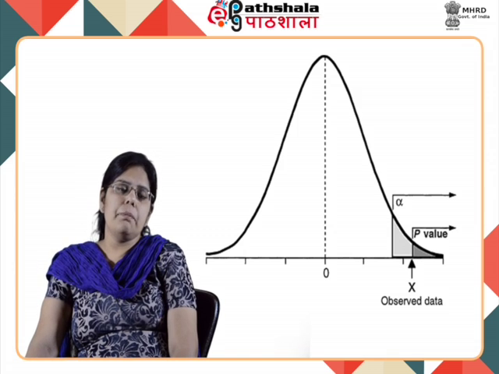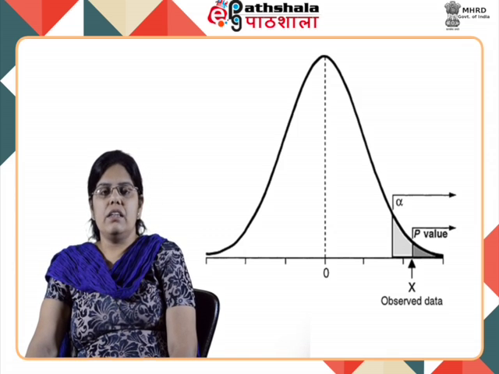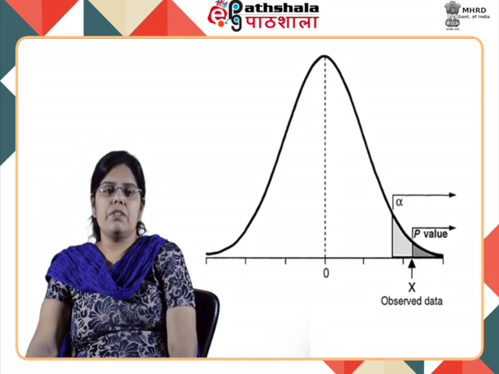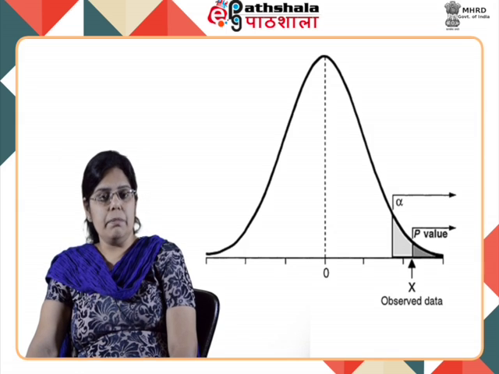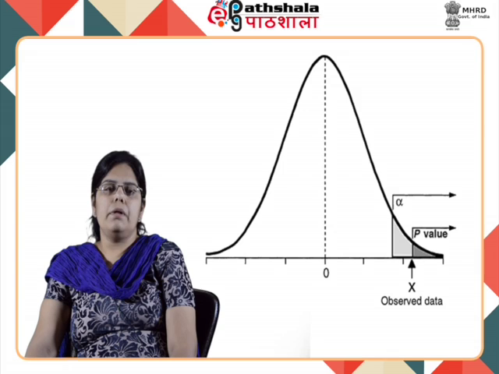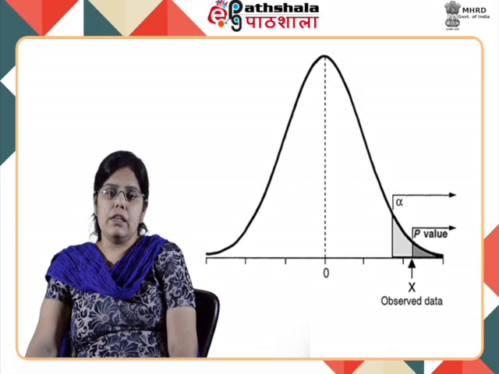Then this can be interpreted that the results from the particular sample would occur by chance alone 50 times out of 100. Similarly, a p-value of 0.007 means that results from the particular sample would occur by chance alone 7 times out of 1000.